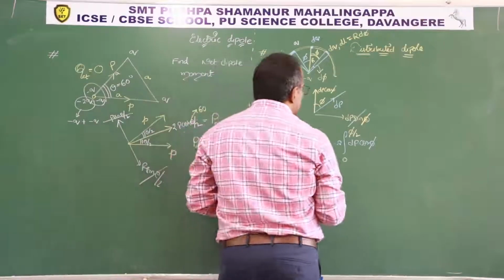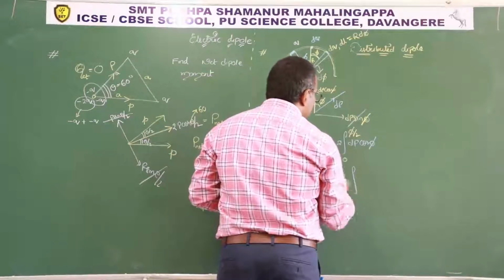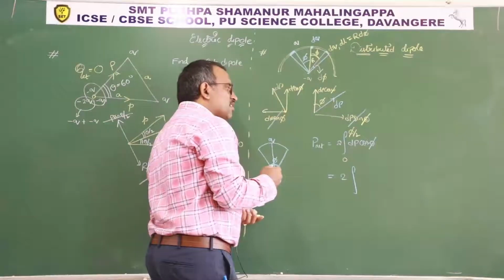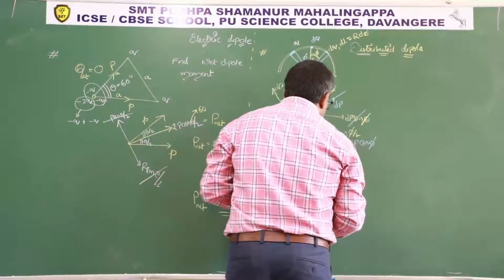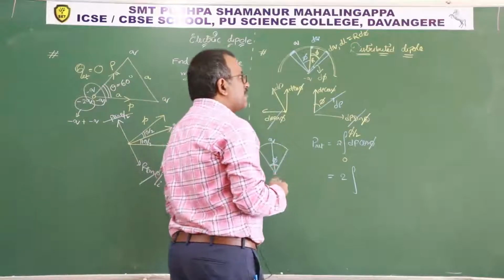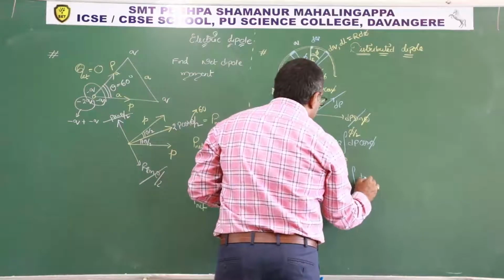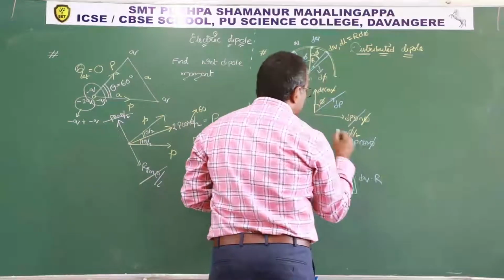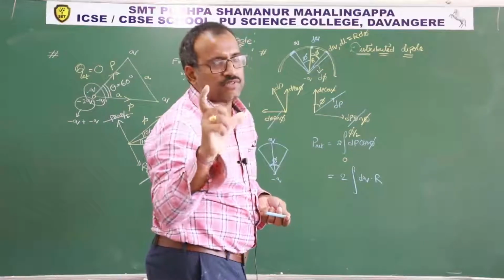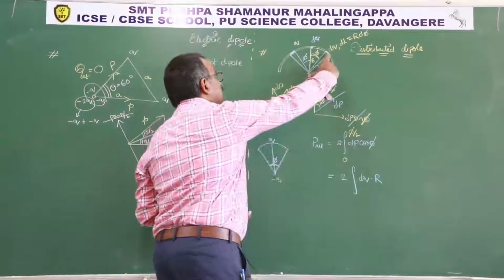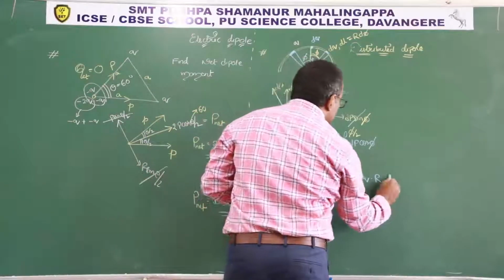So you can see here, what is dp? Tell me, what is dp? Yes, think once again, it will be dq into r. Why? Dipole moment is charge into separation. Separation is radius into cos phi.